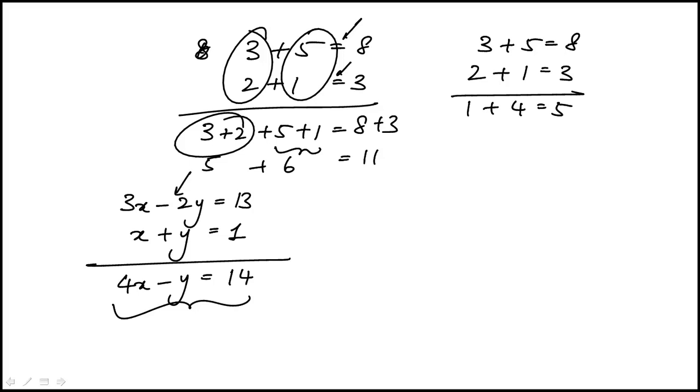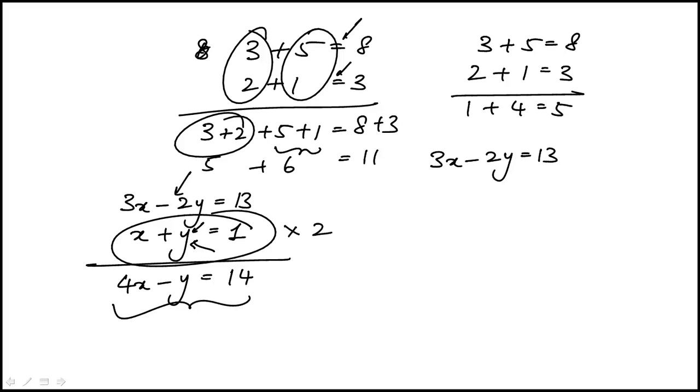So here we see minus 2y and a plus y. So if I could double or make this somehow 2y and then add them, I know that the y terms would disappear. So if we keep the top term the way it is, I'm going to multiply the bottom term by 2. And we can do that because I'm multiplying each term, and so the relationship still holds true. So I get 2x plus 2y equal to 2. Now when I add these two, these terms disappear.